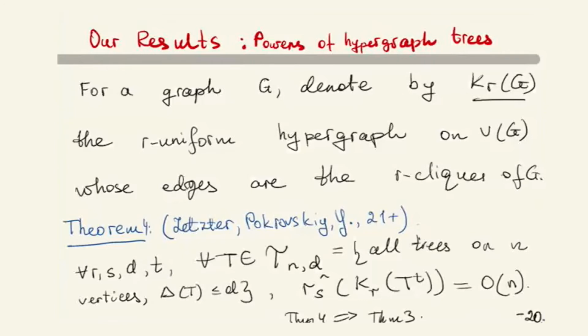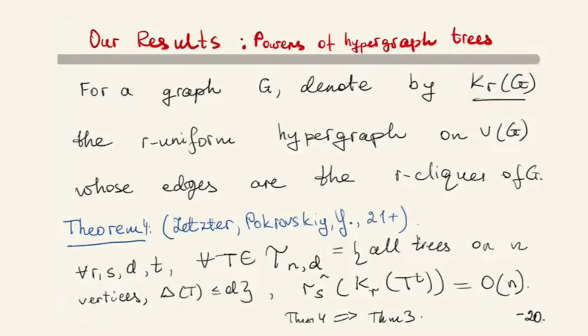So take a graph G, and we define K_r(G) to be an r-uniform graph obtained from G as follows. You take all the possible r-cliques of the graph G. So G is a graph, and now you look at it in the hypergraph setting. You say any r-clique I have, I'm going to make it into an edge. That's how I define this graph called K_r(G).